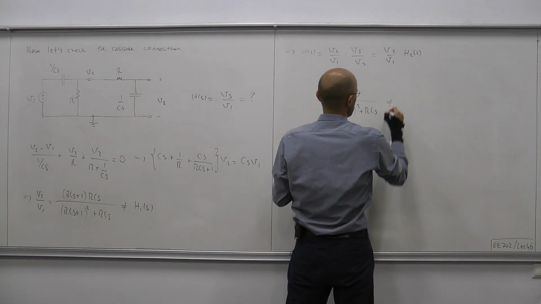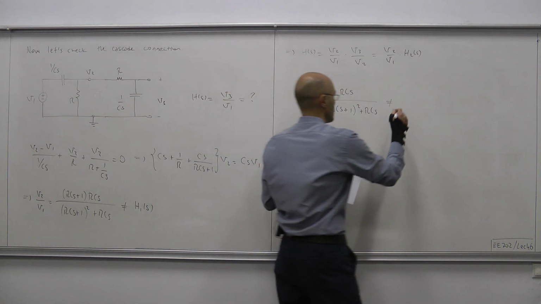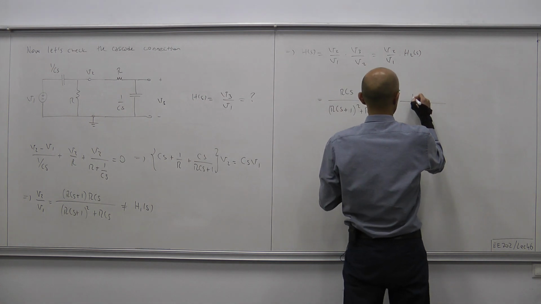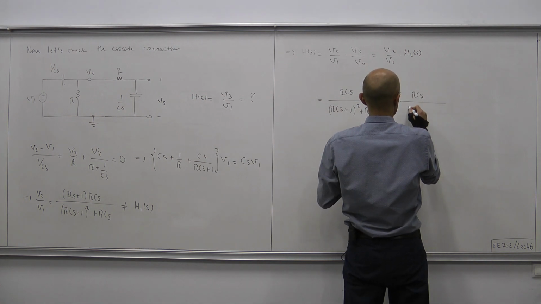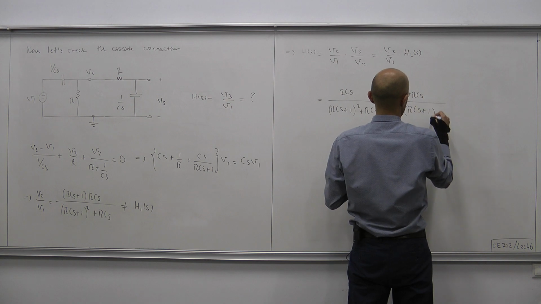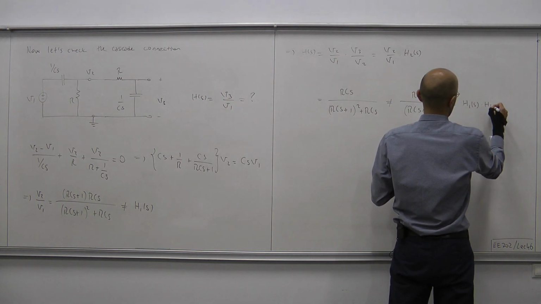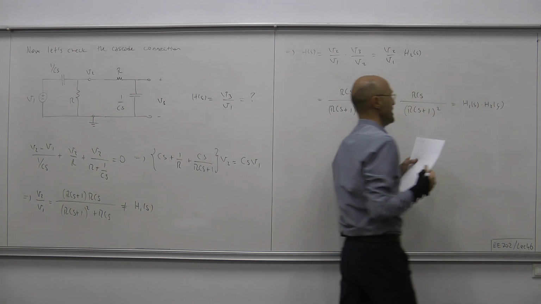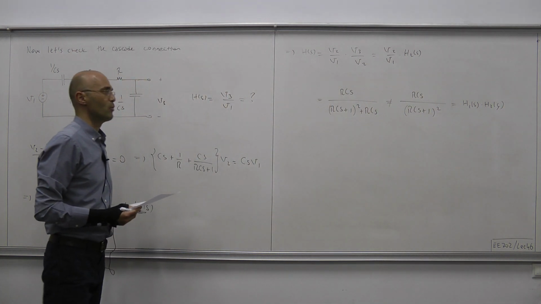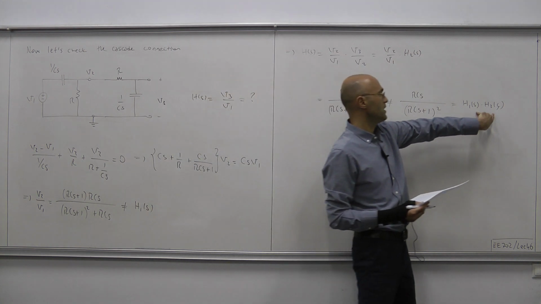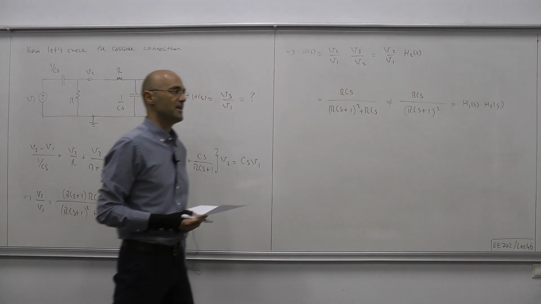Okay, now this does not equal RCS over RCS plus 1 square, which is the product of H1 and H2, where H1 and H2 are for the disconnected case.